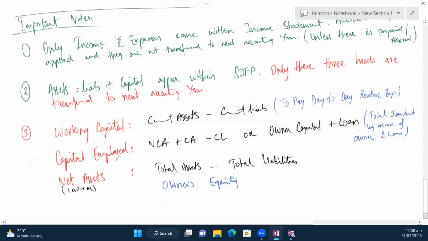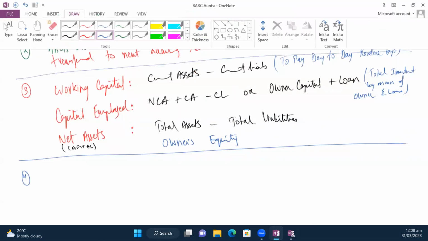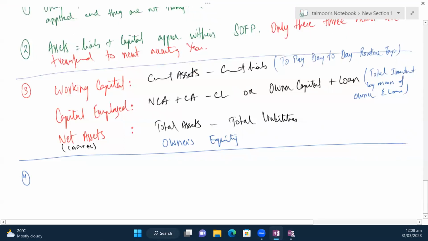Okay, what else? This was 3, that was 2, number 4. Another important factor that you should remember regarding income statement and SOFP is कि जी there are multiple concepts that apply. ठीक है. अब एक मिसाल है. There is this concept known as going concern.